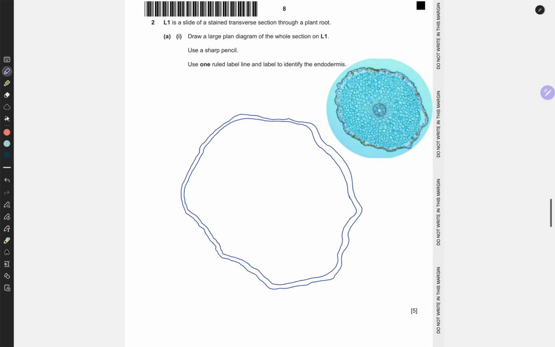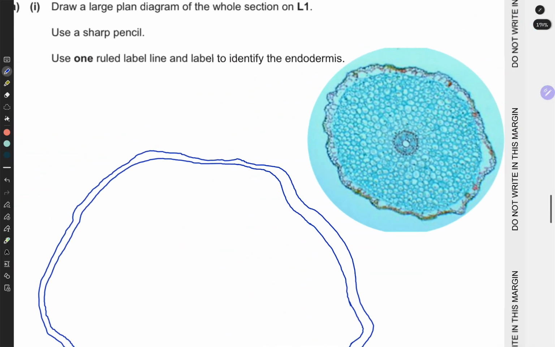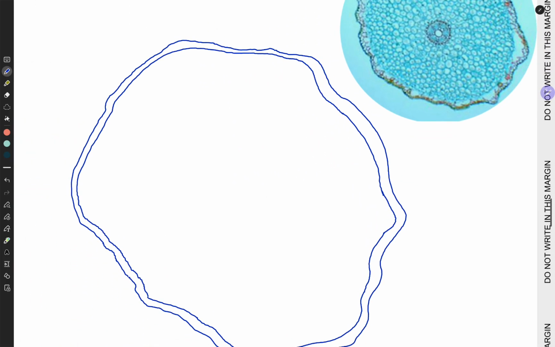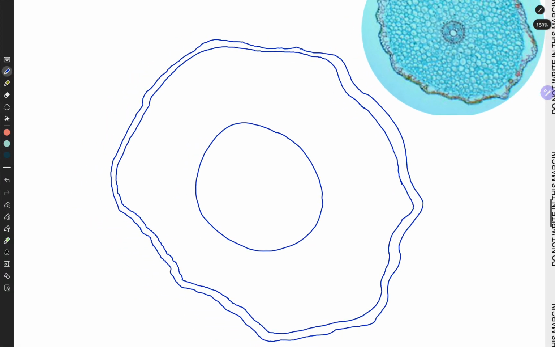But then the part in the middle should also be perfectly a circle, as much as you can, and the middle part is going to be triple lined.